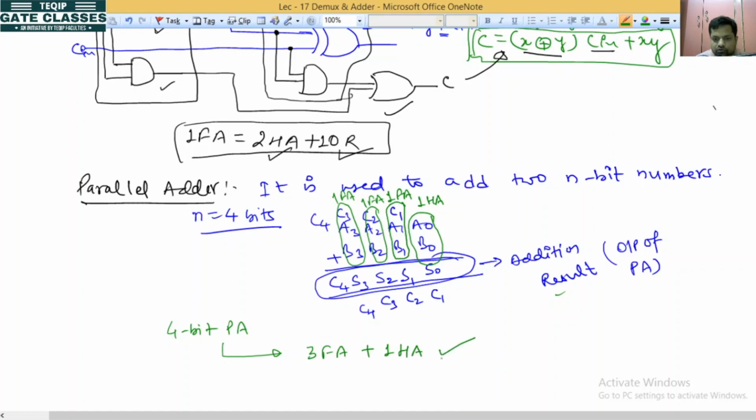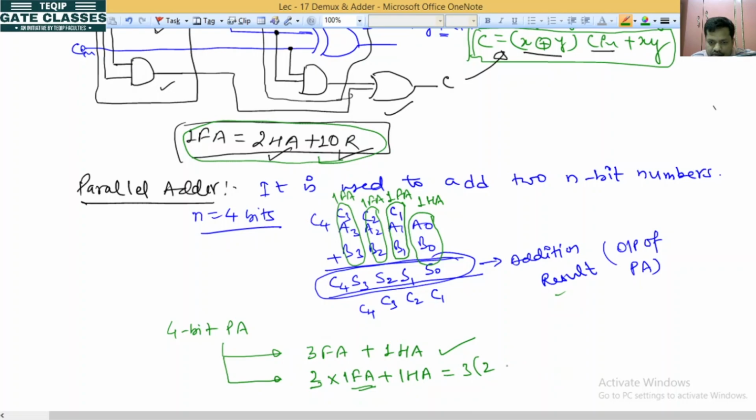या तो ये हो तो हम क्या कर सकते हैं, 4-bit का पैरेलल एडर डिज़ाइन कर सकते हैं. और we know that 3 into 1 full adder we can write it as, this is 1 half adder, so it will be 3. And we know that 1 full adder can be designed by 2 half adder plus 1 OR gate. See here, 1 full adder can be designed with 2 half adder plus 1 OR gate.